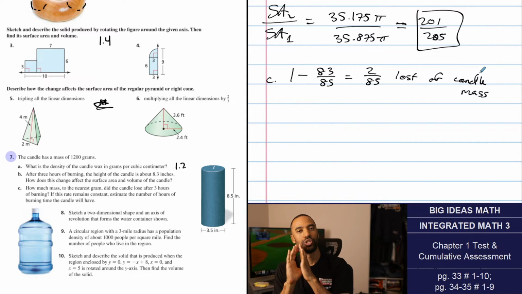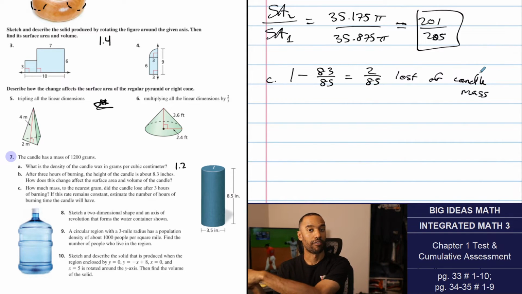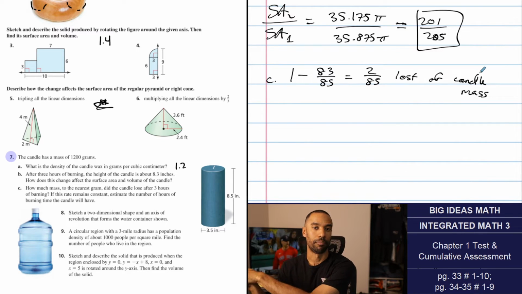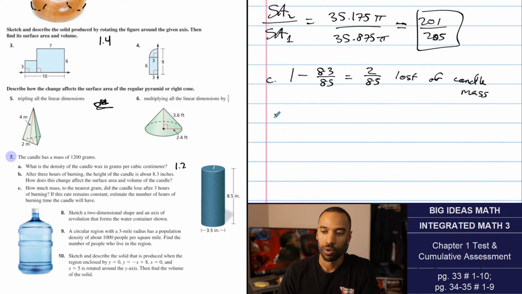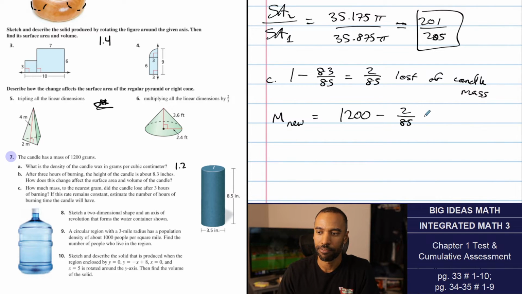So we're going to take 2/85ths of 1200. We're going to subtract that from 1200. So mass new after 3 hours is 1200 minus 2/85ths of 1200.